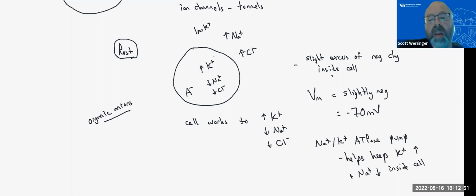If the sodium potassium ATPase pump doesn't work, it's going to change the concentrations. So instead of having a very high concentration of potassium inside, we'll have a less high concentration inside. And that does have some implications for the membrane potential. Any questions on the resting membrane potential?